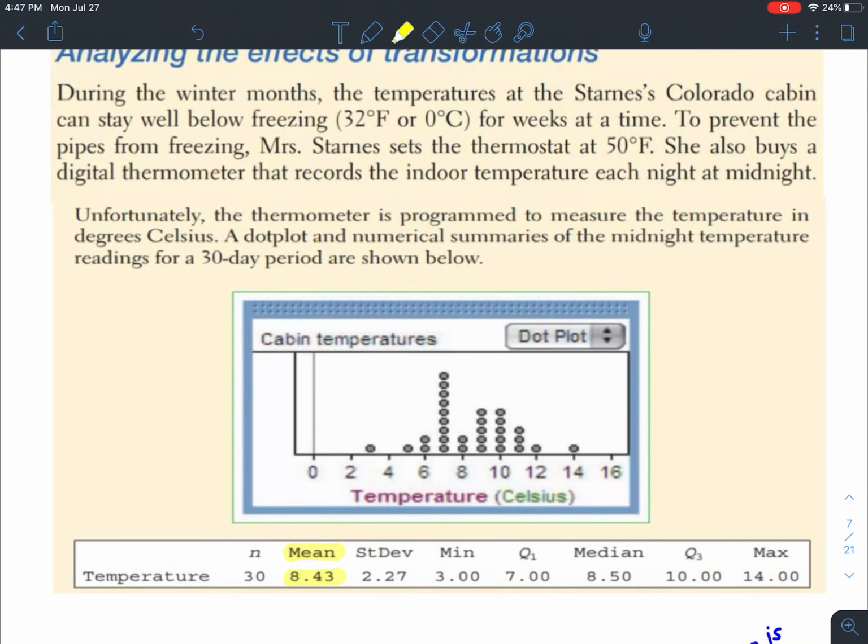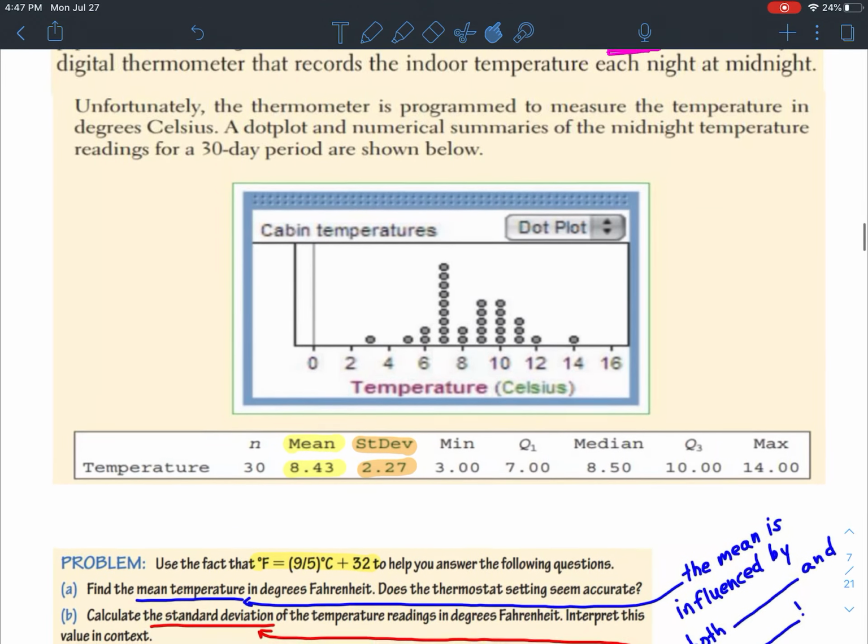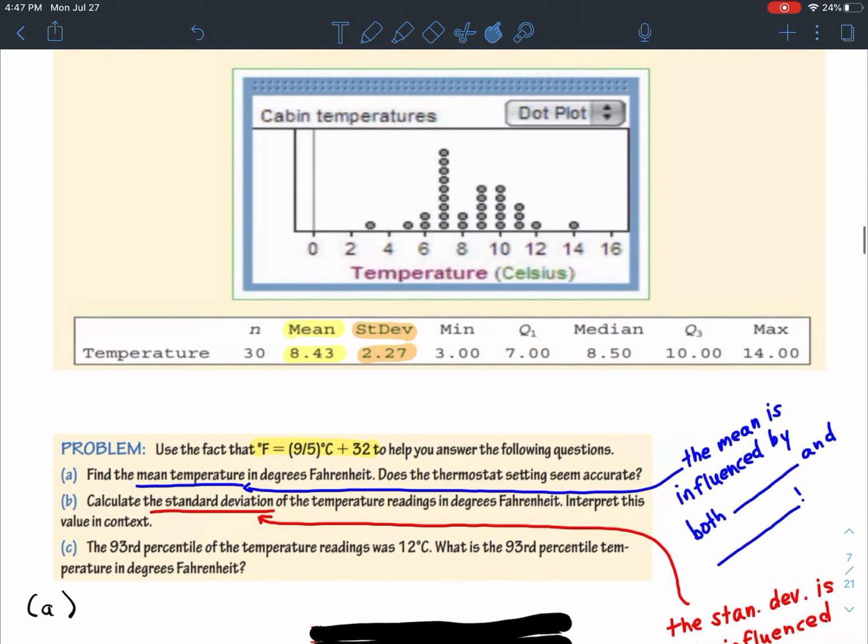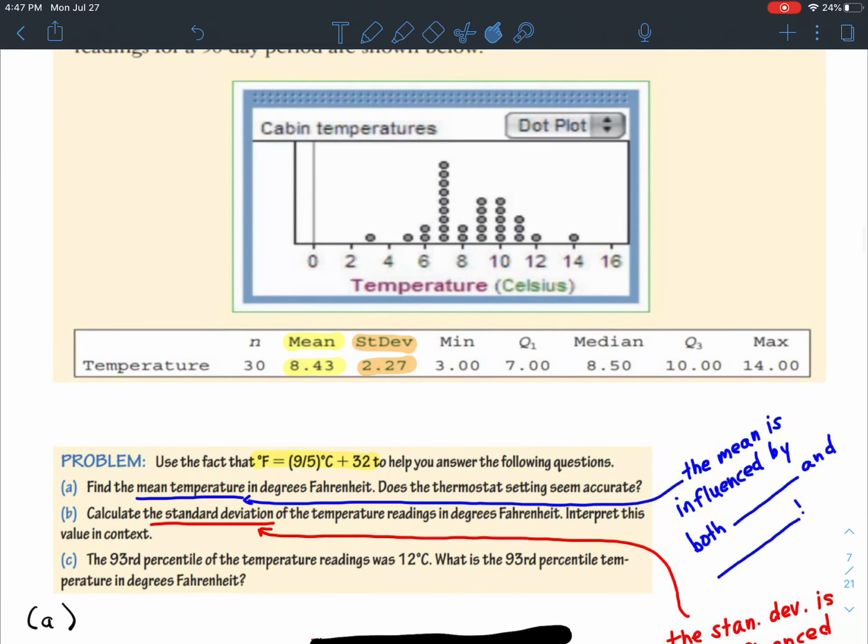Okay, and these readings are in Celsius. So I'm just going to highlight, this is the average Celsius temperature taken at midnight. Now remember, she programmed this for 50 degrees Fahrenheit, but our readings here are in Celsius. So we're going to need to do a little bit of a conversion here.